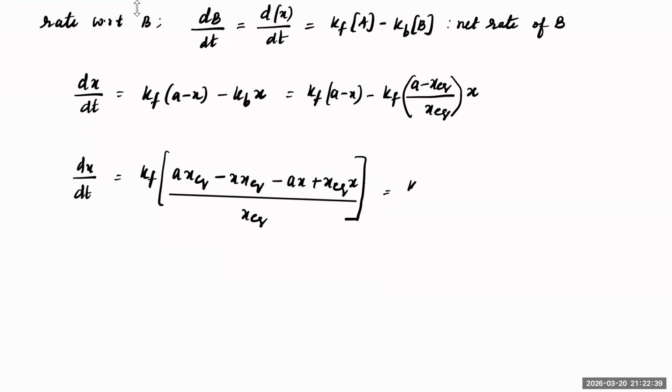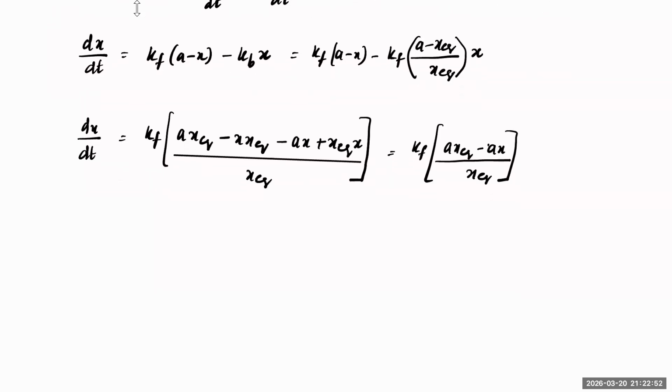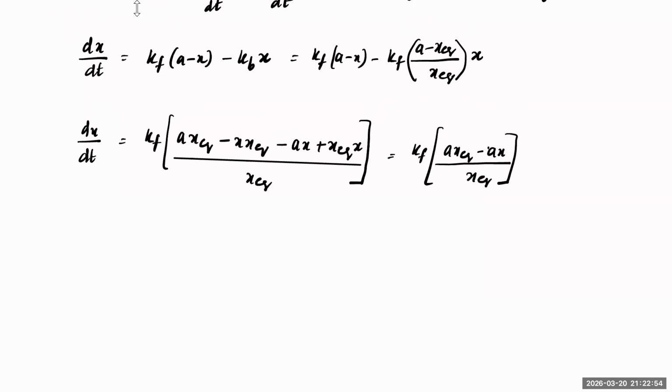So from here I can write kf into, you can see this x equilibrium term will get cancelled, so I will have this as a x equilibrium minus a x divided by x equilibrium. Got it? So I suppose this part is clear. So I can take this a common.